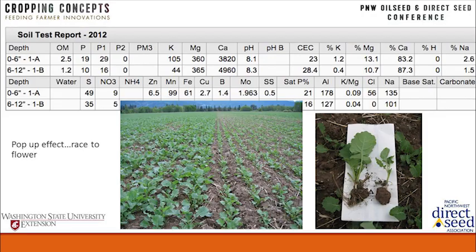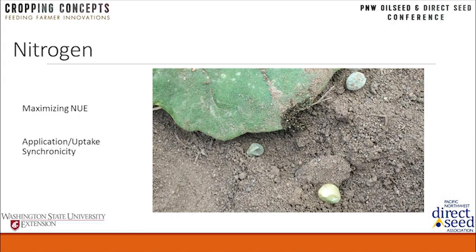Playing a lot with nitrogen, and I don't have the answer on nitrogen, but in my world, it's all about trying to maximize nitrogen use efficiency, and that comes from an understanding of my loss risk potential and how I synchronize nitrogen uptake with the crop stage.